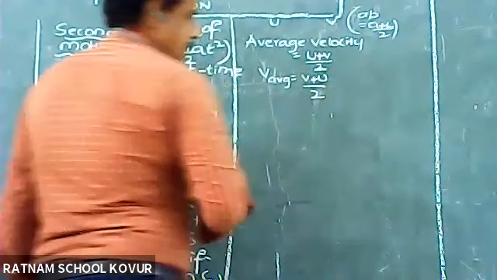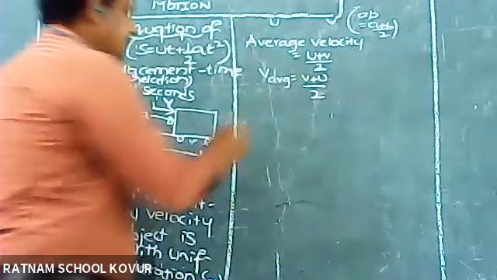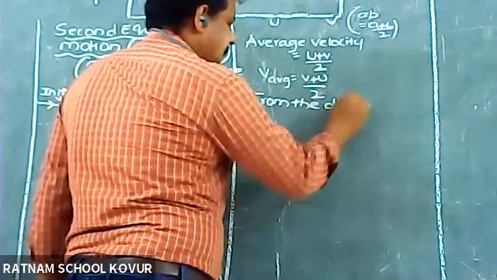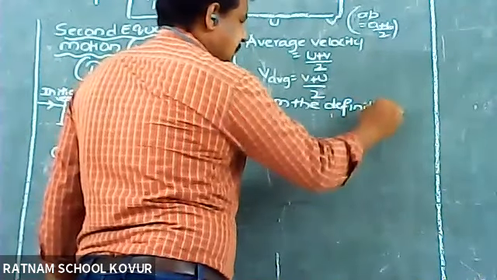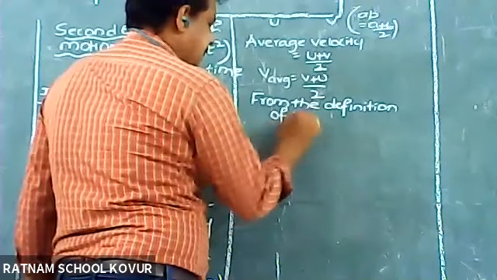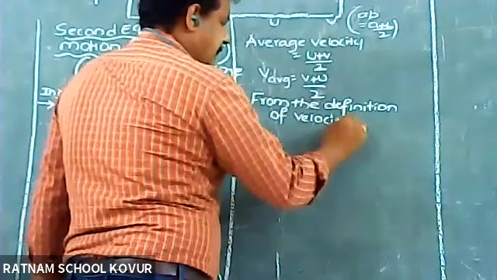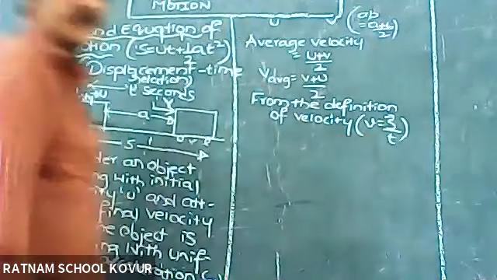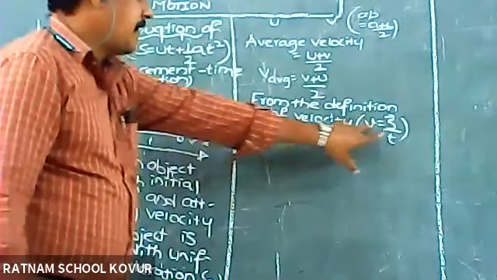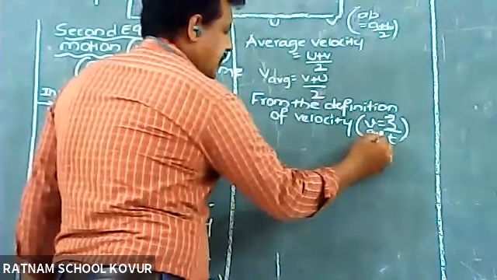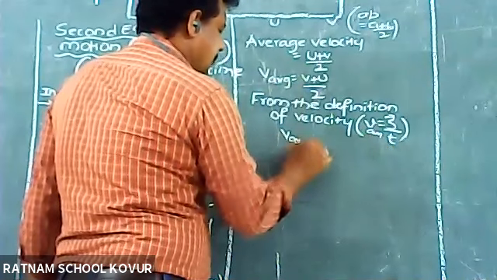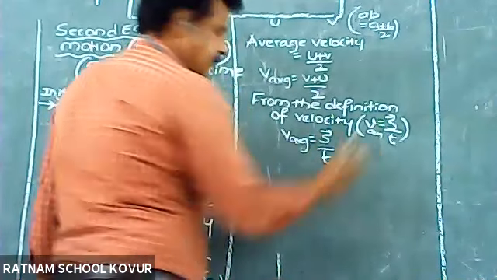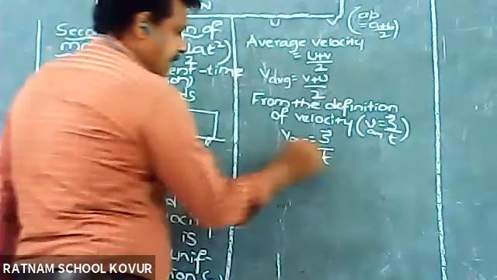Now, from the definition of velocity, velocity is equal to displacement by time. So here I take average velocity: V average is equal to displacement by time.